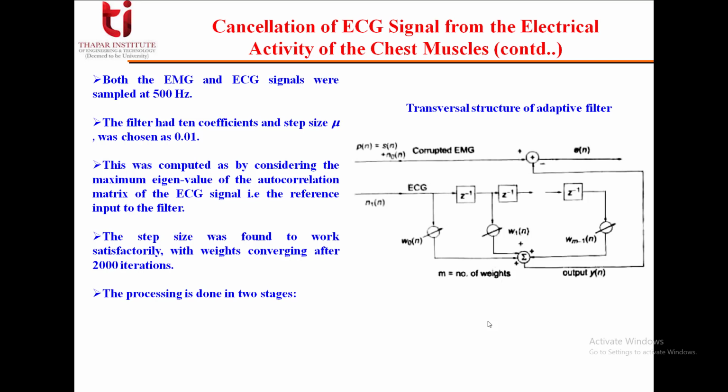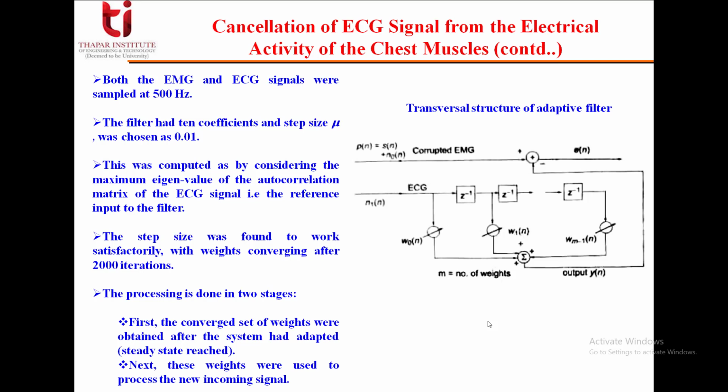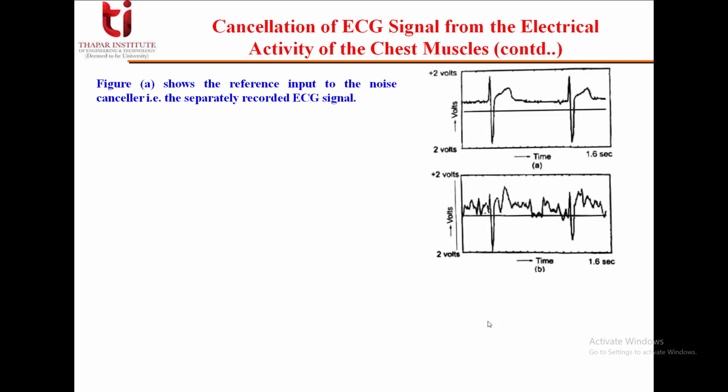So this process is done mainly in two stages. The first is that the converged set of weights was obtained after the system had adapted to a steady state, that is, until a steady state was reached. Then these weights were used to process the new incoming signal.